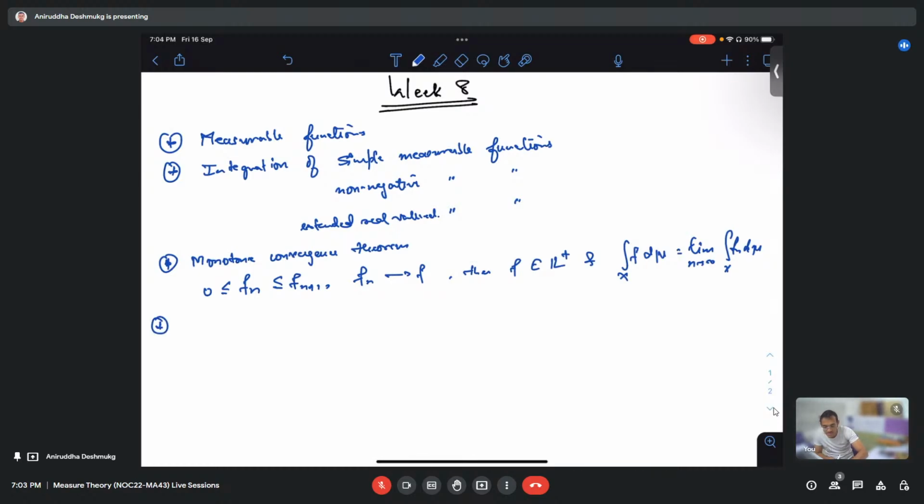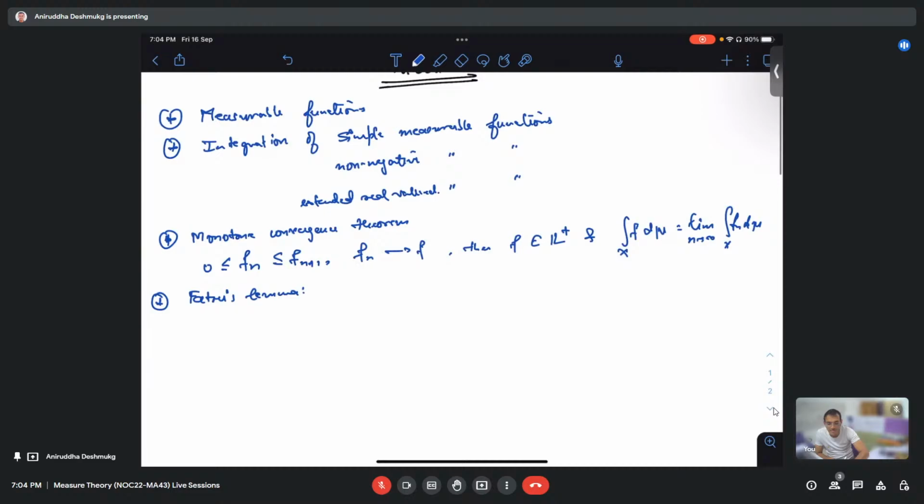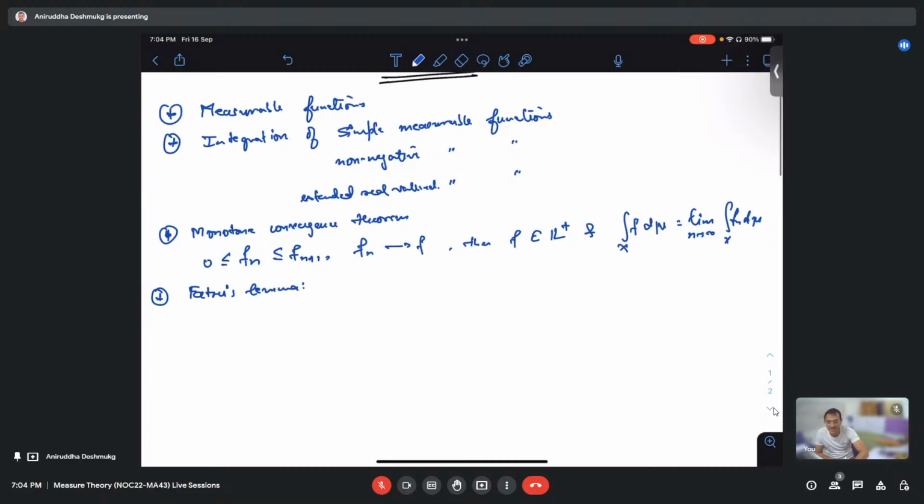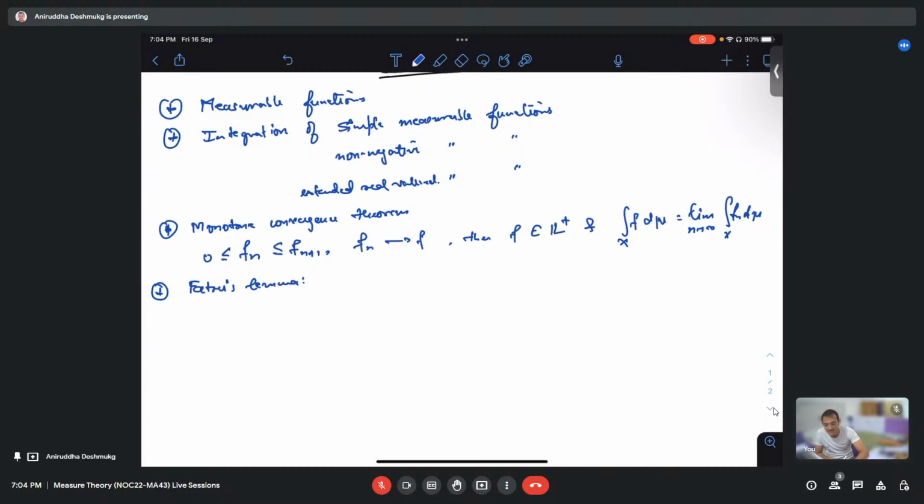The next thing we saw was Fatou's lemma. What it says is, if we have any sequence, it may not converge anywhere to any function, or it may not be increasing, decreasing, or have any properties which we desire, but still we can construct another sequence out of it, namely the liminf sequence, and then we can have a similar estimate.